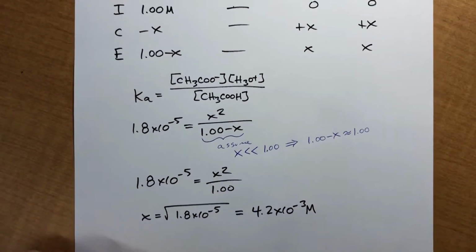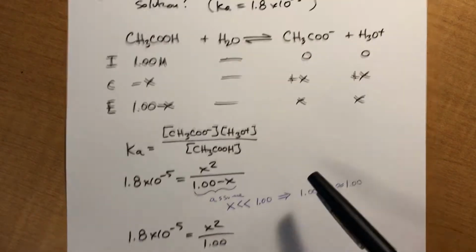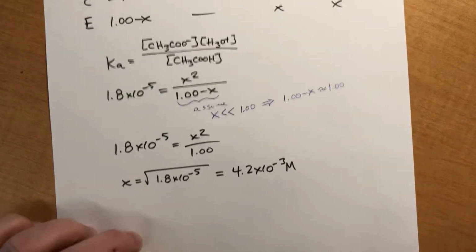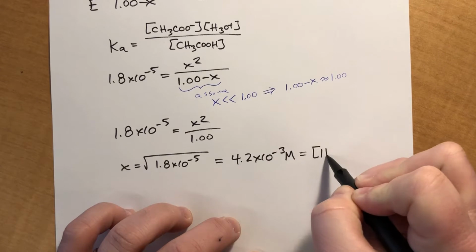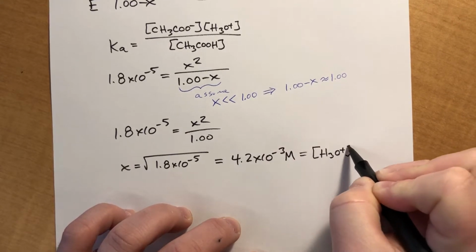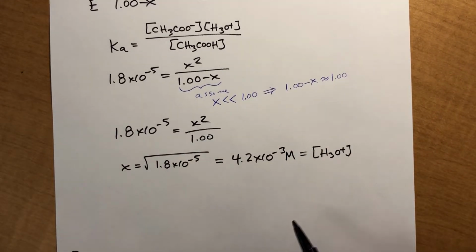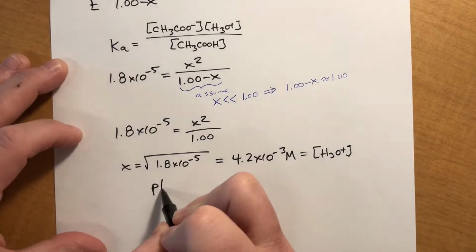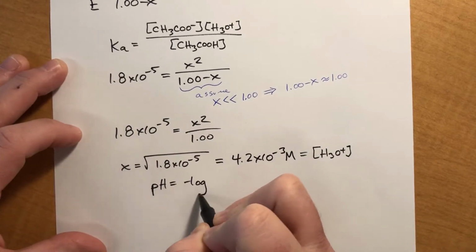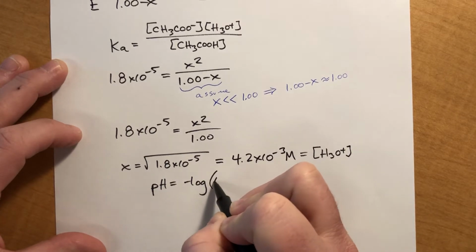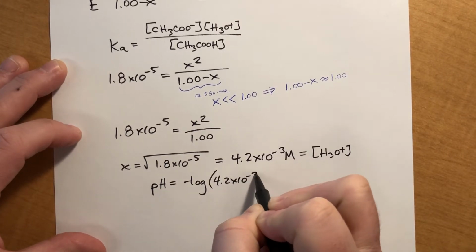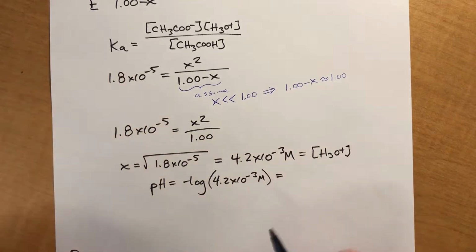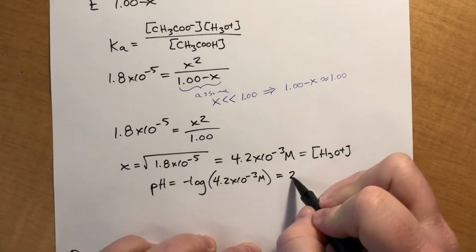The reason we're solving for it is that x is the concentration of H3O plus at equilibrium. So, to get pH, we take the negative log of the concentration of H3O plus. And the answer, when you type it all in, comes out to 2.4.